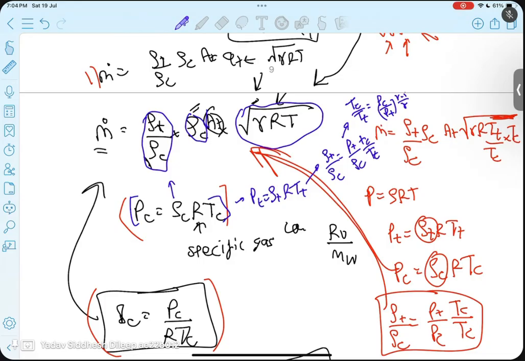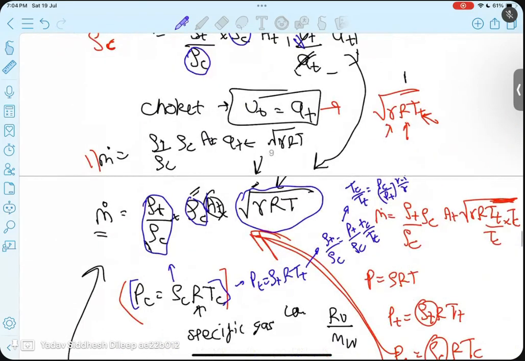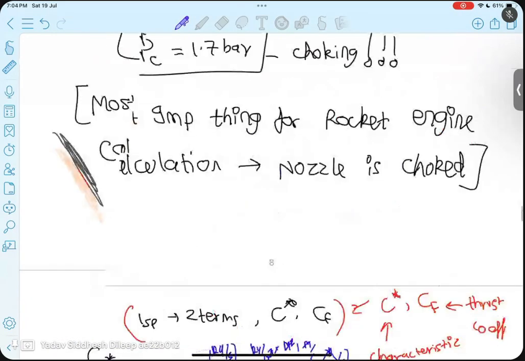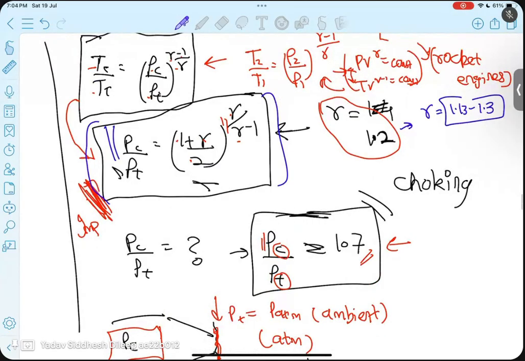And for the throat, PC by PT we derived above. See, PC by PT is 1 plus gamma by 2 raised to gamma upon gamma minus 1. We already derived it above.